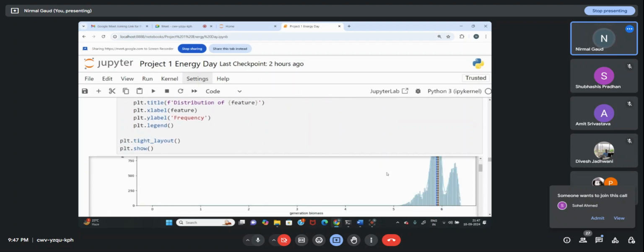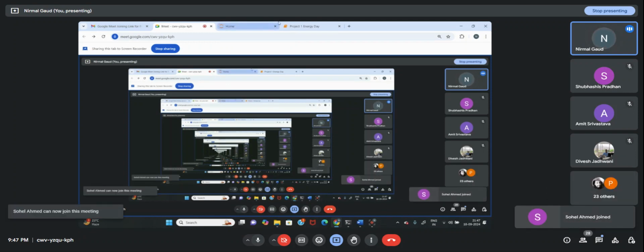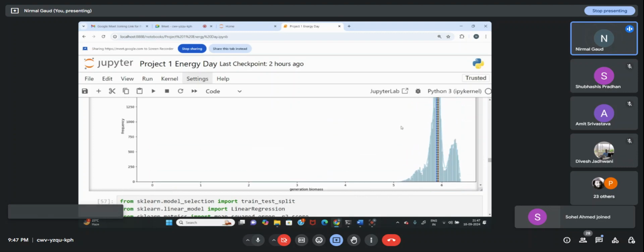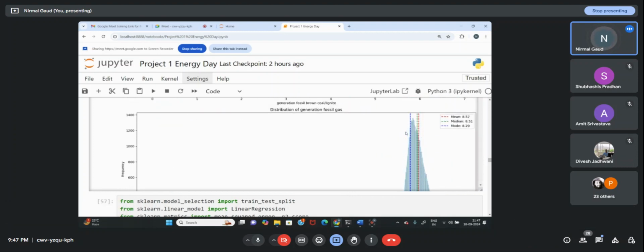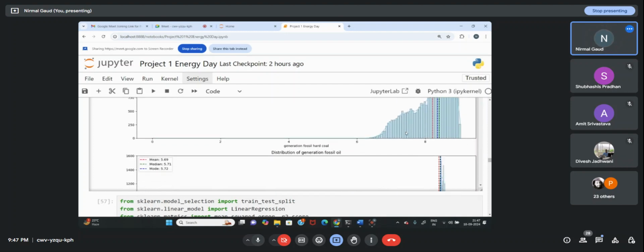With this transformation, we got changes. Now you can see they are looking somewhat like a normal orientation, not fully.